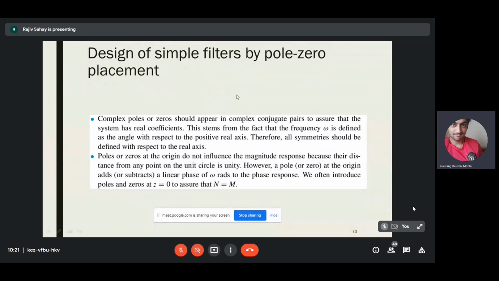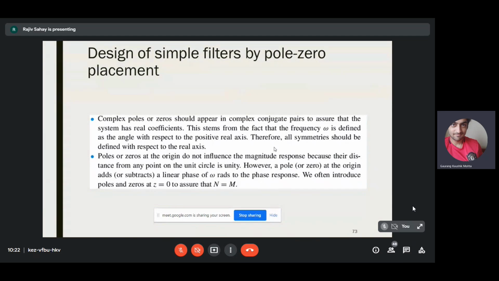The frequency omega is defined as an angle with respect to the positive real axis, so all symmetries should be defined with respect to the real axis. You will get a magnitude frequency response that is an even function and a phase response that is an odd function of frequency. If you have complex conjugate poles or zeros, these conditions are satisfied.